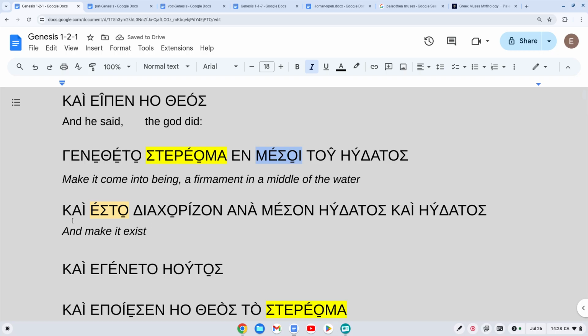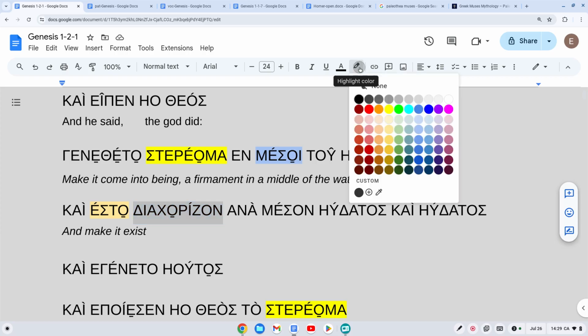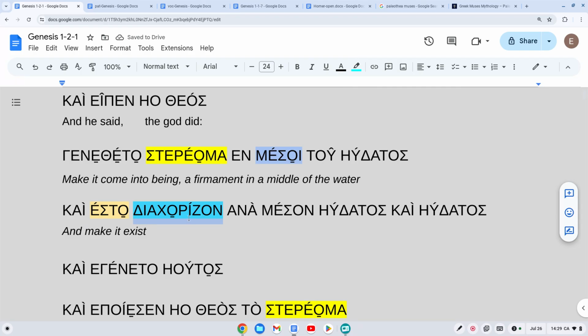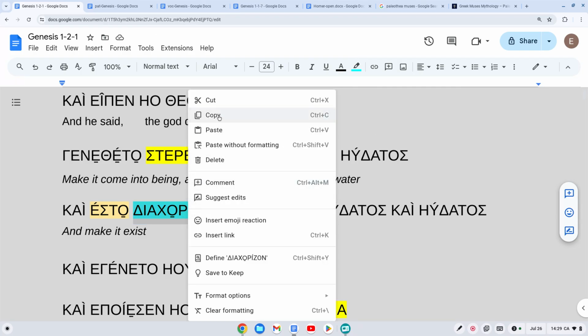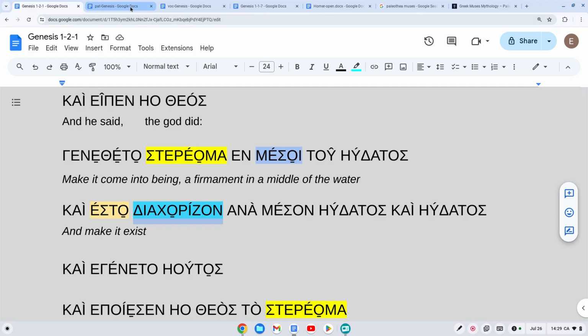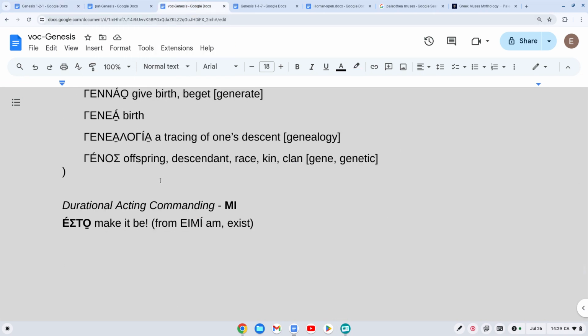So now we have another new word, and this is a very important type of word. And I'm going to color it like so. And what is it? What type of word is it? Let's go to our vocabulary first, see if we can find that word.